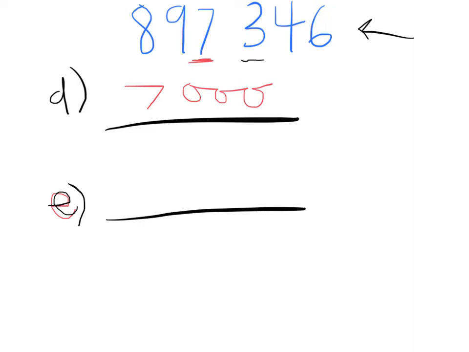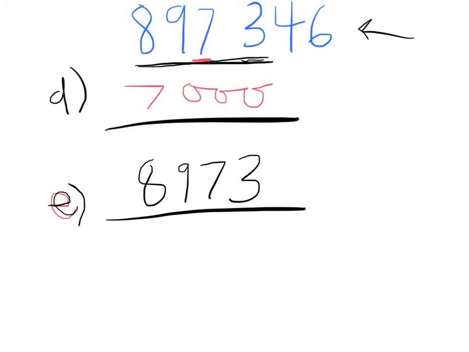Right, I hope you've paused me, because I'm going to reveal the answer. The answer is 8,973. That's how many hundreds there are in total. Look, everything from the 3 included. Right, because of course 3 is 100. Isn't it?